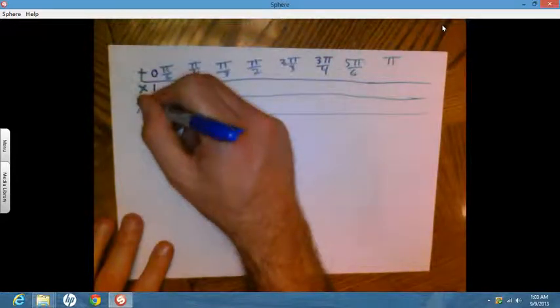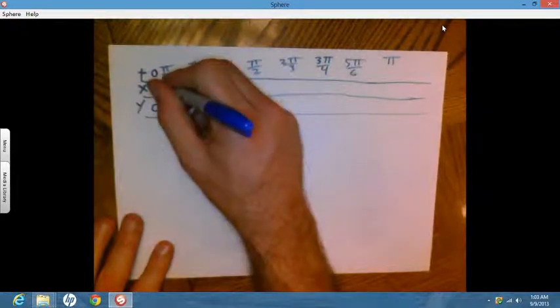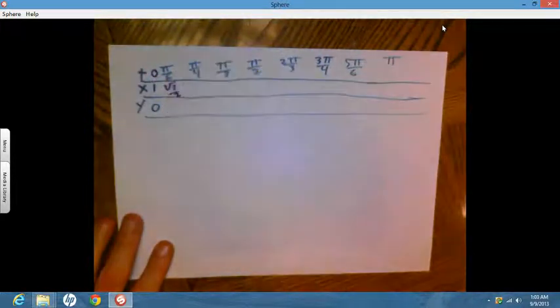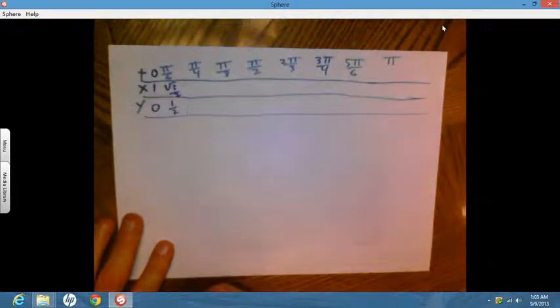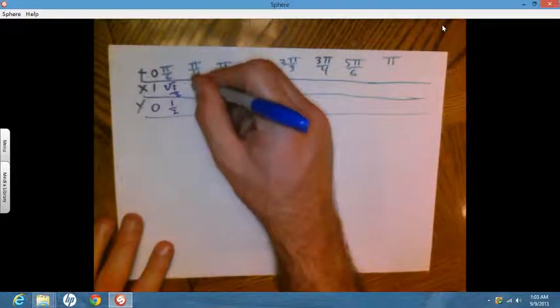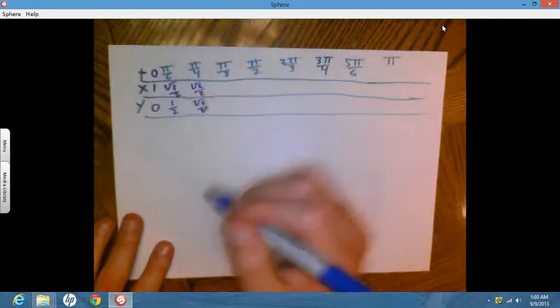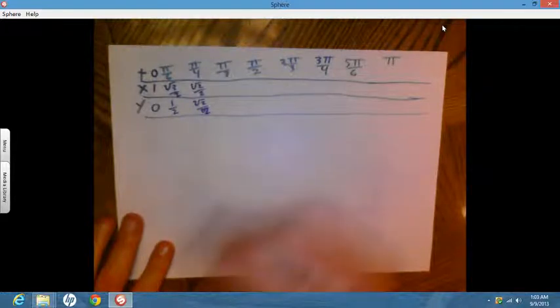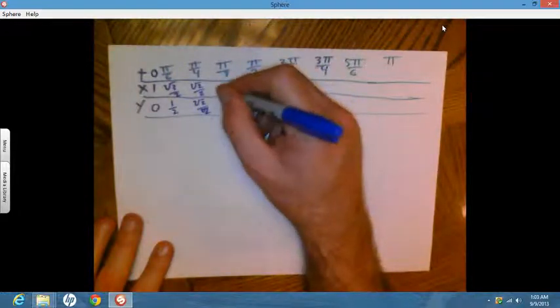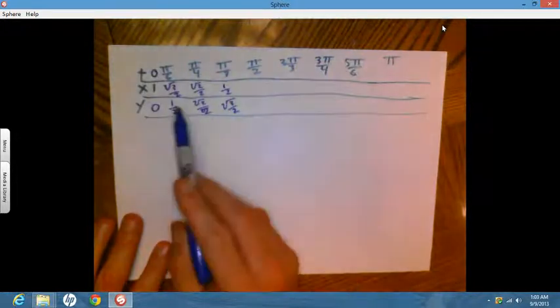At 30 degrees, the x-coordinate is the square root of 3 over 2, and the y-coordinate is 1/2. At pi over 4, they're both square root of 2 over 2. And at pi over 3, the x-coordinate is 1/2, and the y-coordinate becomes square root of 3 over 2. Notice how going from 30 degrees to 60 degrees, the x and y just switch values.